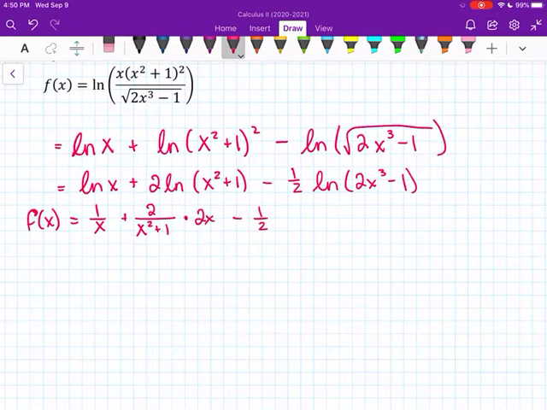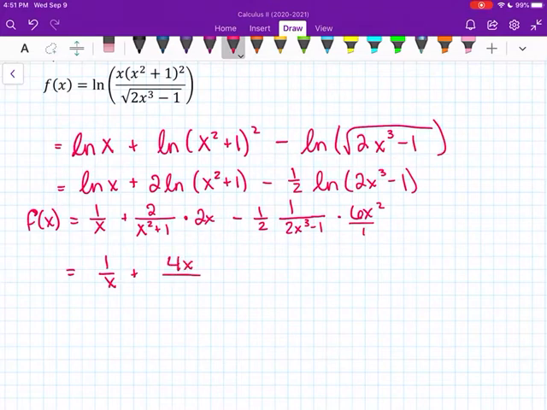And then my last term, I have that negative, and then I have 1/2, and then 1 over 2x cubed minus 1 times the derivative of the inside of that, which is 3 times 2x squared, or 6x squared.